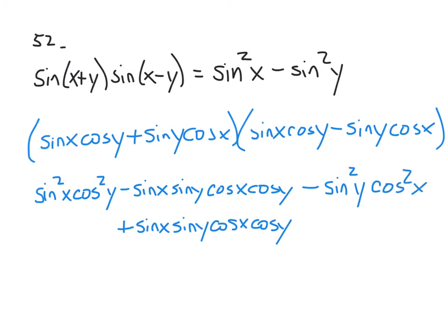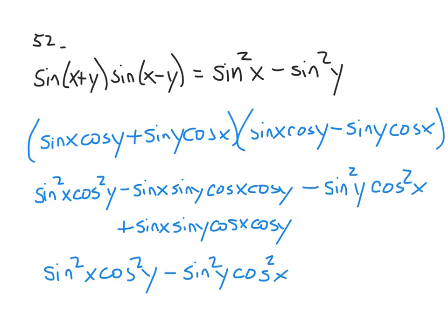All right, so after these two middle ones cancel each other out, we have sine squared x cosine squared y minus sine squared y cosine squared x.